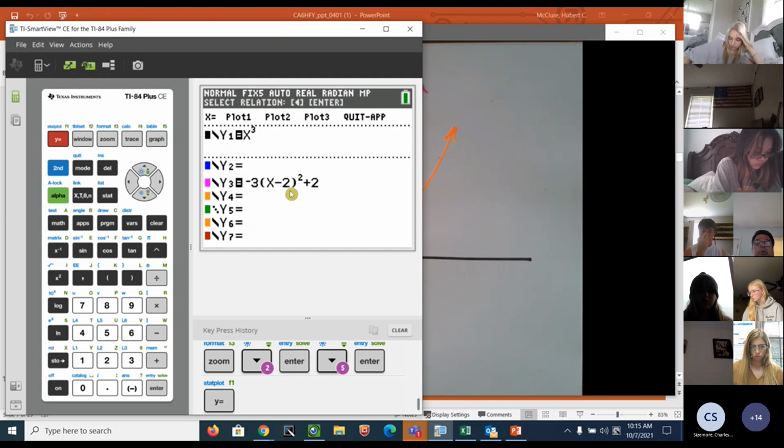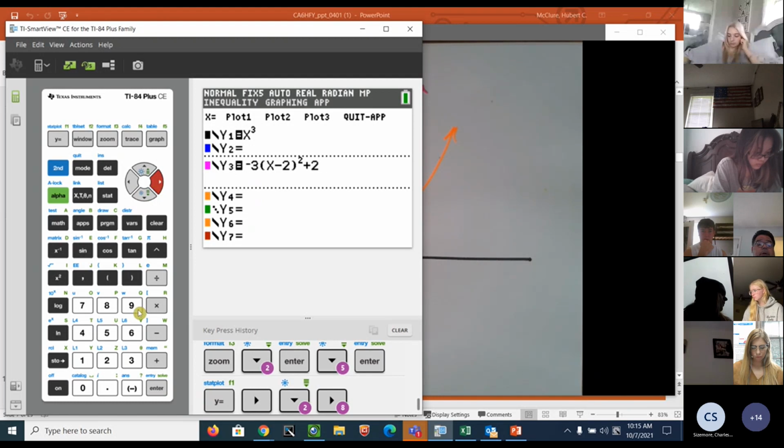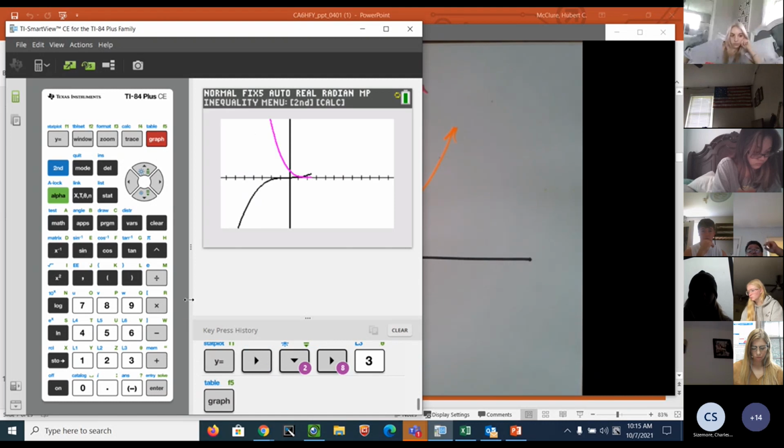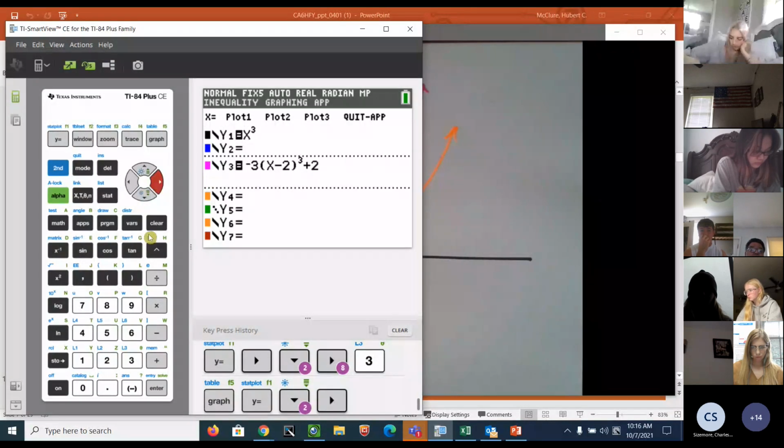So, oh, I put a square, dork. 3 and graph. There we go. It's not supposed to be negative either. Did I put in a negative? Good gosh, I'm just making up stuff. Sorry.